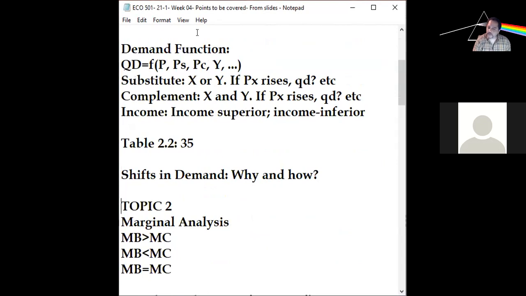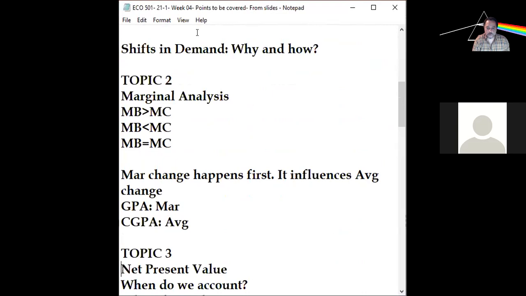Topic 2 is very similar to what we have done in weeks 2 and 3, but this time we're going to show that the marginal change is the change that happens first, and that influences a change that we'll call average change. How that is influenced, we'll look at in topic 2.